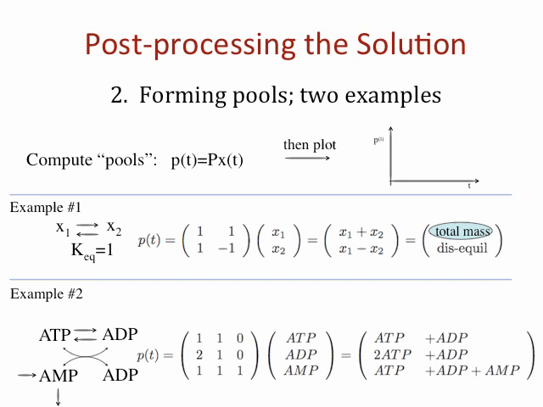In the second row in the pooling matrix, I put the entries 2, 1, and 0. And when I multiply that row times the concentration vector, I get 2 ATP plus ADP and no AMP. And remember, that is the occupancy of the adenosine phosphate pool with high energy phosphate bonds.